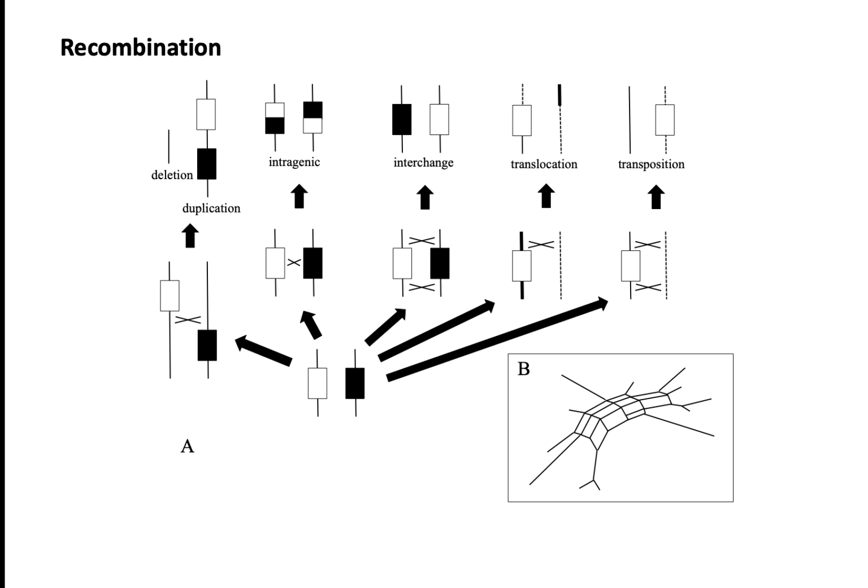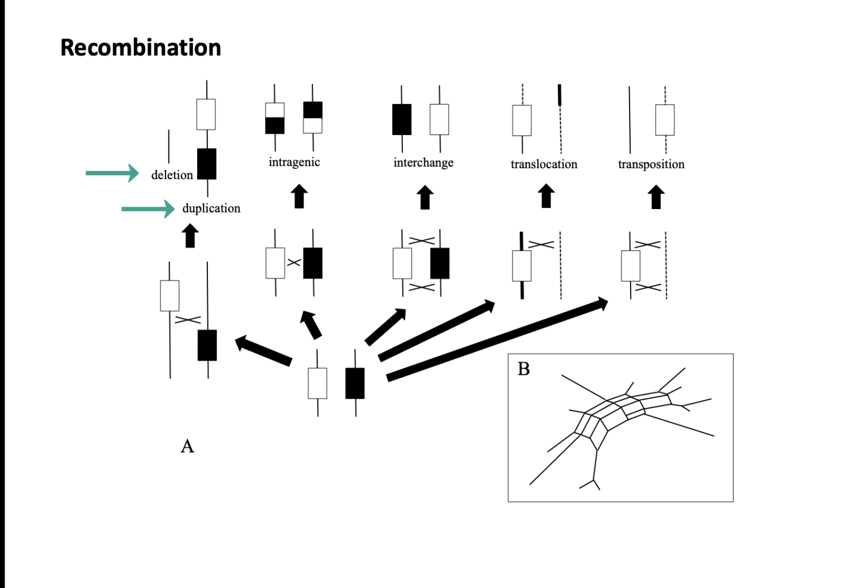Other things that can affect phylogenetic analyses, and that phylogenetic networks can sometimes pick up, are duplication, deletion, mutation, and recombination events. You can have genes being duplicated, and genes being deleted.